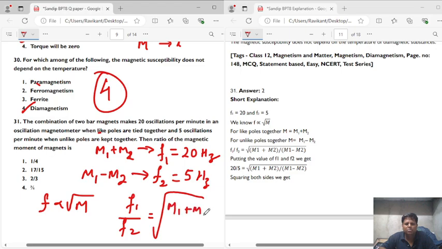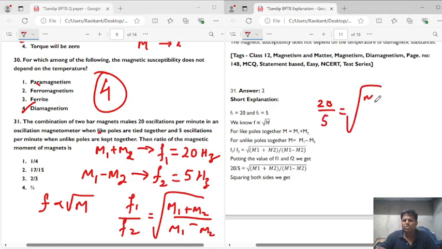M1 plus M2 upon M1 minus M2. Now putting the values and solving it, we write it here: F1 is 20, F2 is 5, and this is equal to the square root of M1 plus M2 upon M1 minus M2.